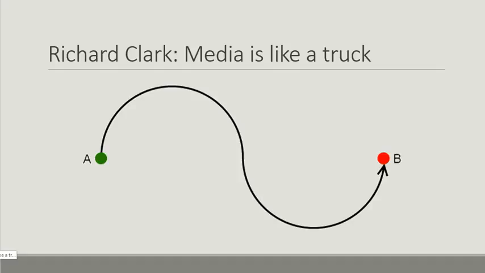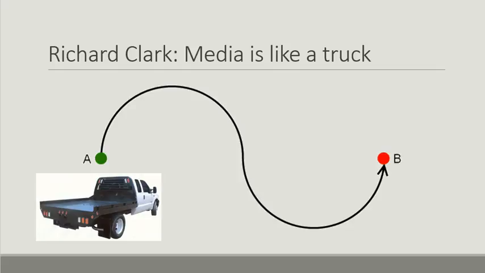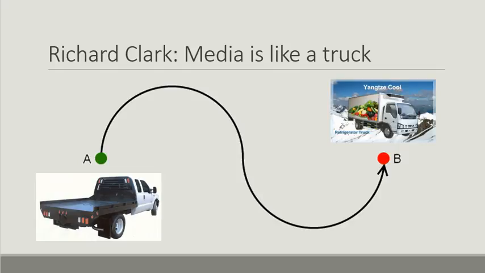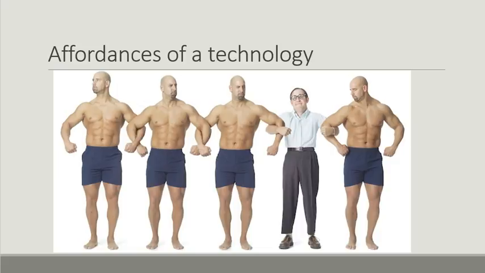If you're moving packing pallets from one place to another, it may not matter what kind of truck you use. However, if you're moving ice cream in Alabama in August, chances are a flatbed truck is not going to be your truck of choice. You're probably going to want a truck that can provide you with some advantages for the cargo that you're moving. We refer to this as the affordances of a technology.